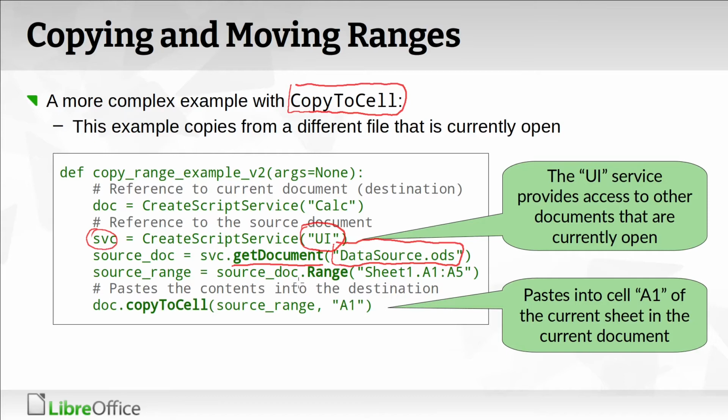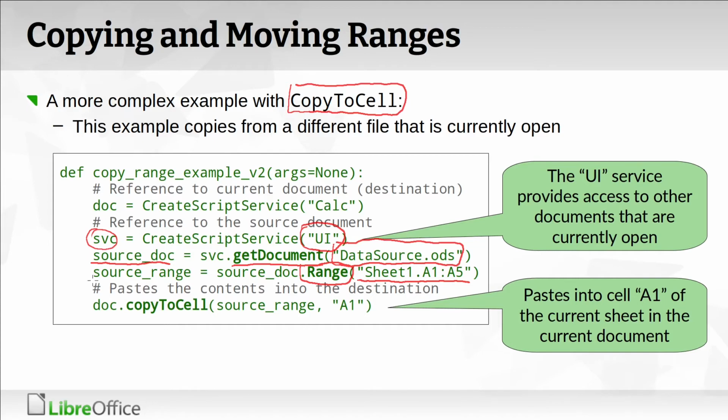So I am using the getDocument method from the UI service to get this document, which I'm calling here source.doc. And then from this source.doc, I can use the range property to get an object containing information about this address from this source document.